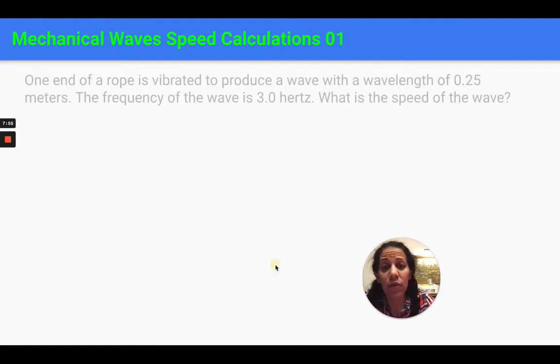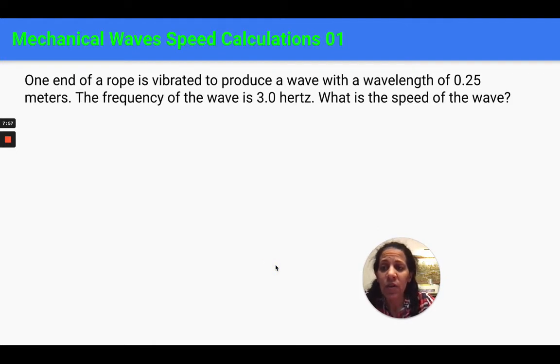Okay, so we're going to do some math as usual. If it says one end of a rope is vibrated to produce a wave with a wavelength of 0.25 meters, and the frequency is 3 hertz, that means 3 cycles for every second. So what's the speed? The frequency is 3 hertz. The units are great. They're fine.